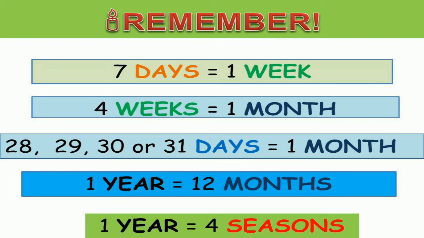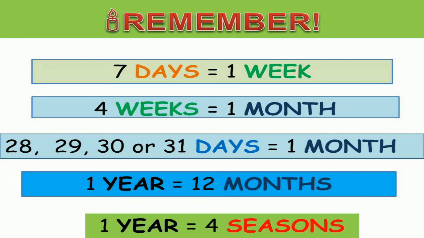Remember this: 7 days is equal to 1 week. 7 days: Sunday, Monday, Tuesday, Wednesday, Thursday, Friday, Saturday.